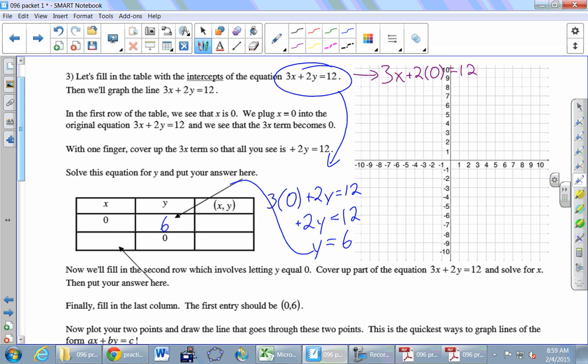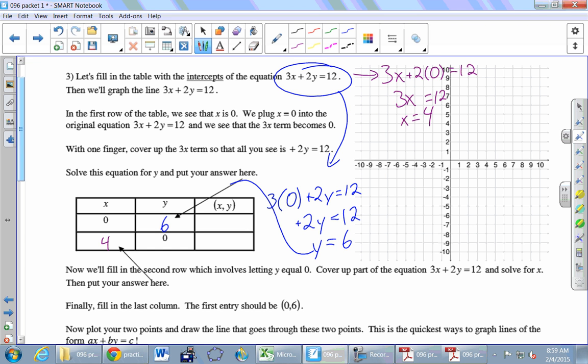Go ahead and solve that equation for x. So 3x and then 2 times nothing is nothing. So 3x is 12. X turns out to be 4. And that 4 goes right down there. So when y was 0, x turned out to be 4.